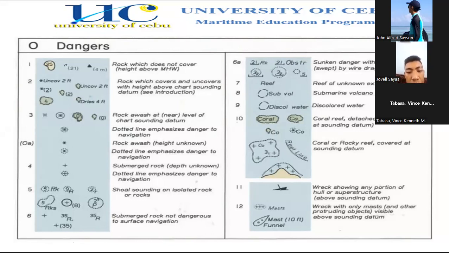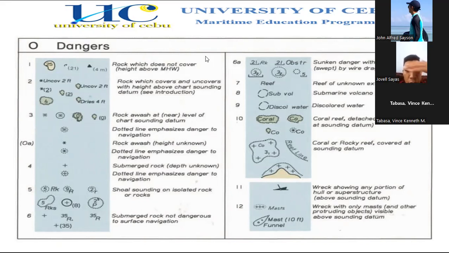So five is shoal sounding on isolated rock or rocks. Six, submerged rocks not dangerous to surface navigation. 6A, shoal with depth cleared by wire drag. Seven, reef of unknown extent. Eight, submarine volcano.